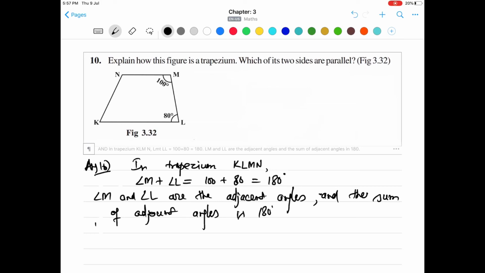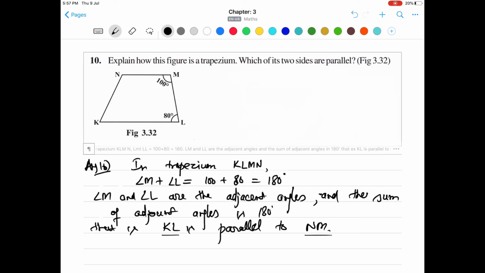That means KL is parallel to NM. Okay, so the sides KL and NM are parallel.